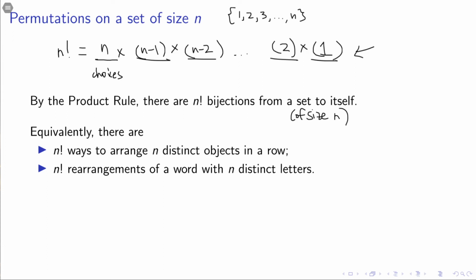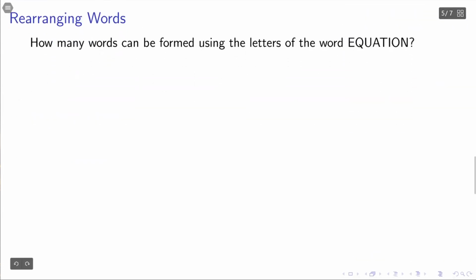Now let's just work on one example. Let's look at this one. How many words can be formed using the letters of the word equation? From the previous slide, we know that we only need to count the number of letters in the word. And so there are 1, 2, 3, 4, 5, 6, 7, 8.